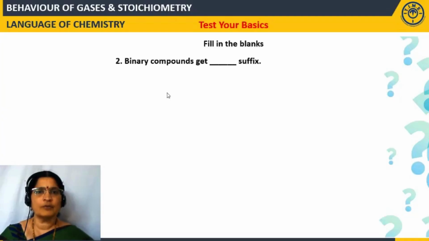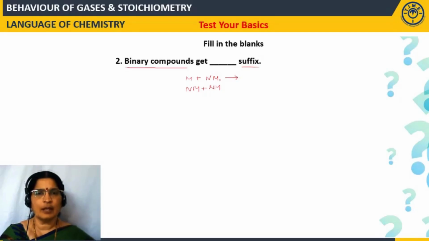Binary compounds get dash suffix. What are binary compounds? We have learnt that binary compounds are those compounds which possess 2 elements as the constituent elements. It can be a metal and a non-metal, or it can be 2 non-metals also. So what suffix do they get?